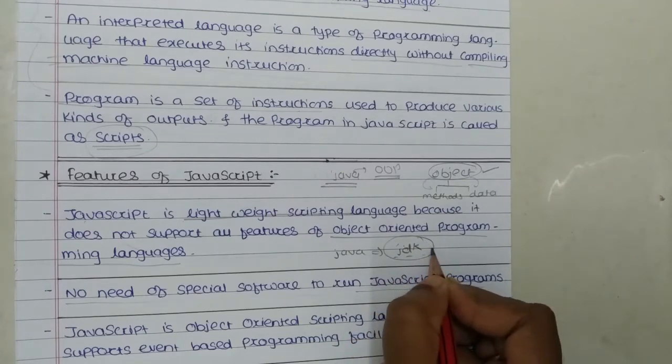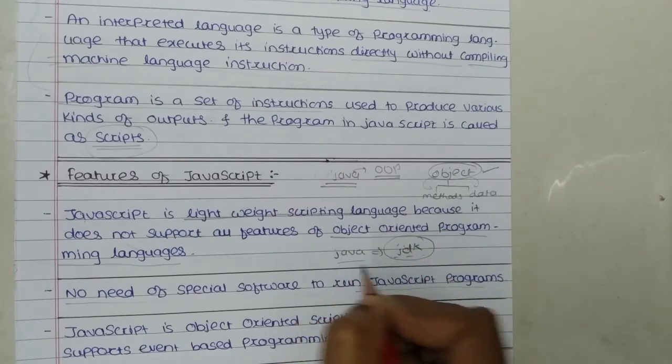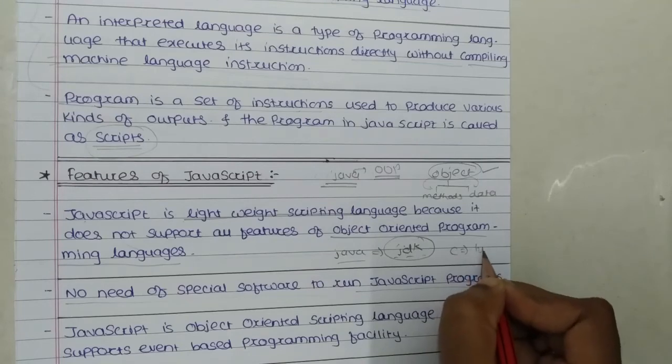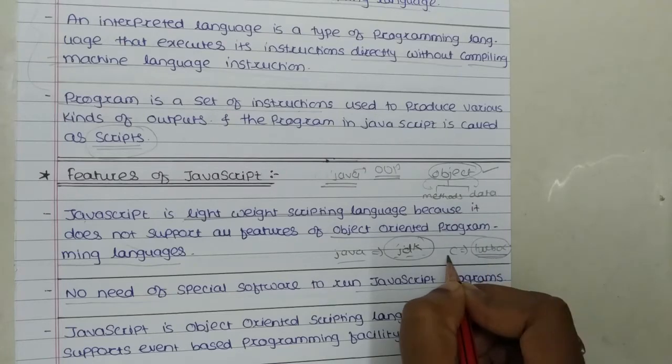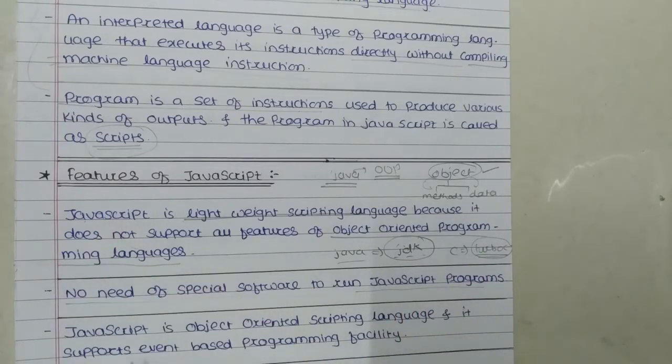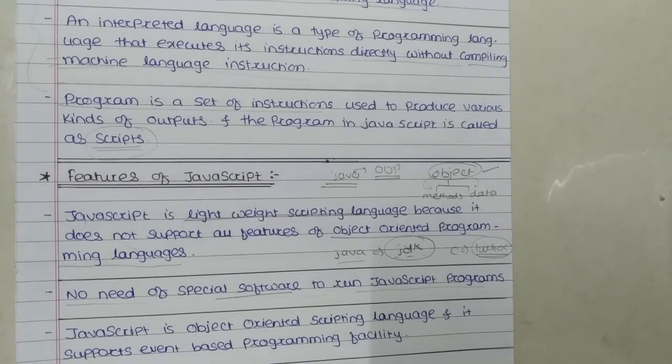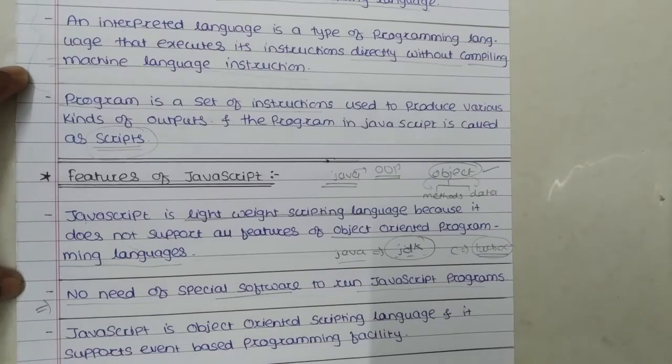Without this software, we cannot execute the Java or C program. Likewise, JavaScript does not need any software to execute the program. There is no need to install any software while executing JavaScript. This is the second feature.